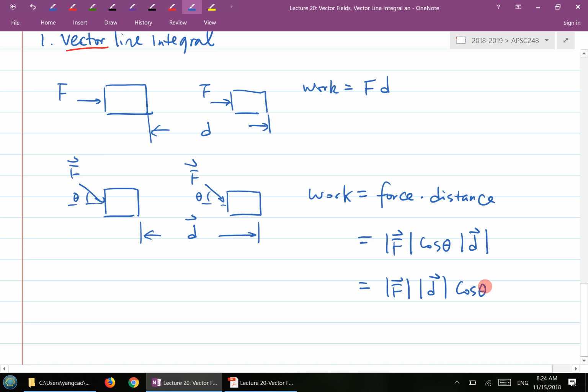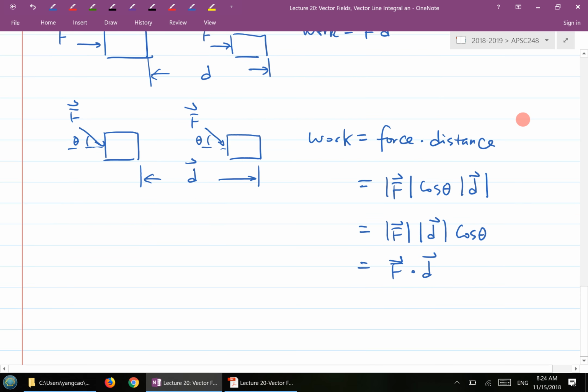And what does this remind you of? Dot product. So this is basically F dot d. F dot d gives you the amount of work done by this force, in a more general sense, when the force is not in a horizontal direction.